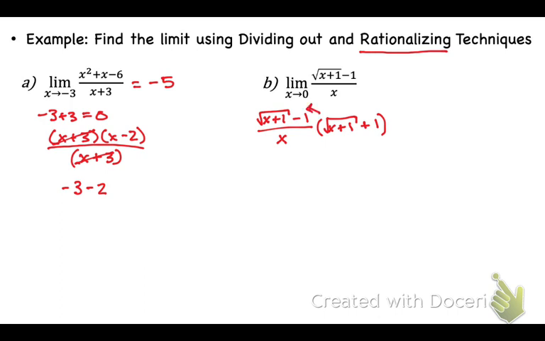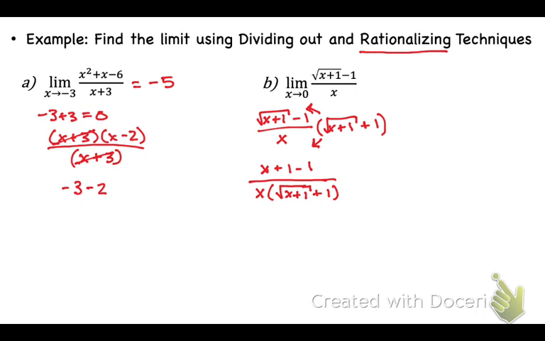So top and bottom. Difference of squares, so I square the first and just get x plus 1, and -1 times +1 is -1. Now the bottom is just going to be x times the quantity. Don't multiply it out. There's no reason to, you're going to use direct substitution, right?